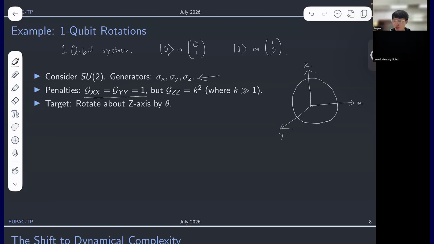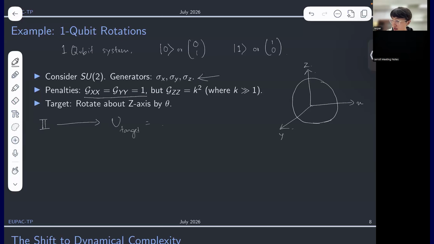So what we want to do is go from our initial state, whatever state we are in at the beginning, to some unitary operator, which we'll call Utarget.